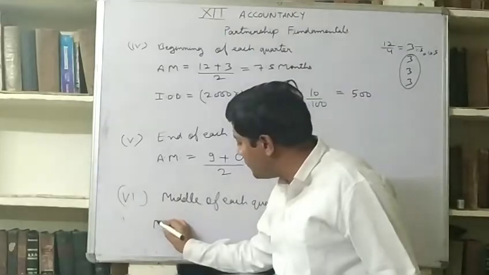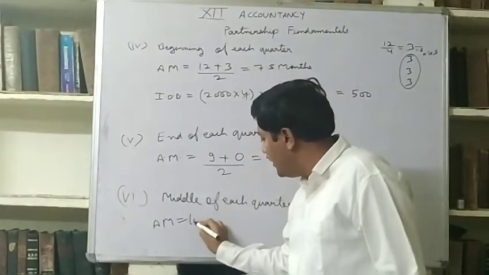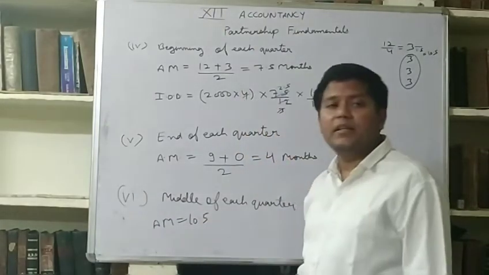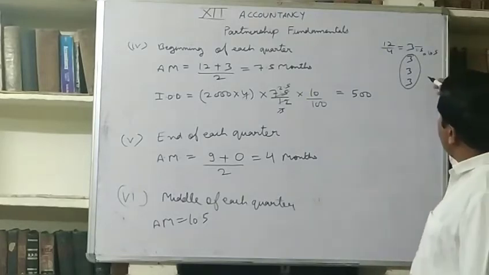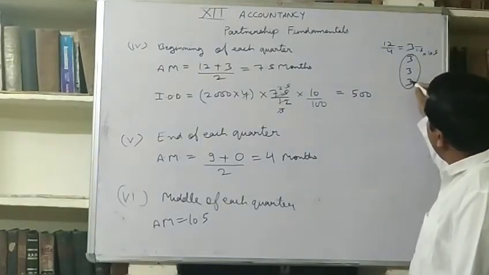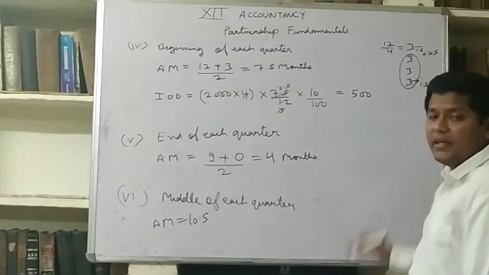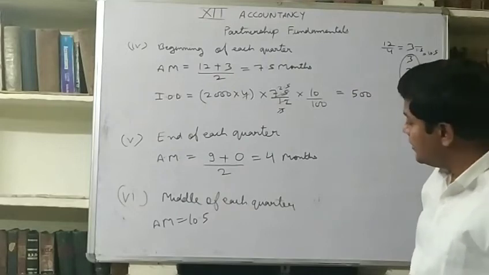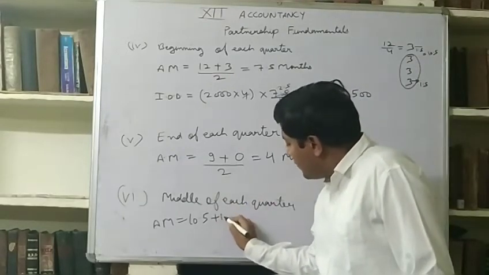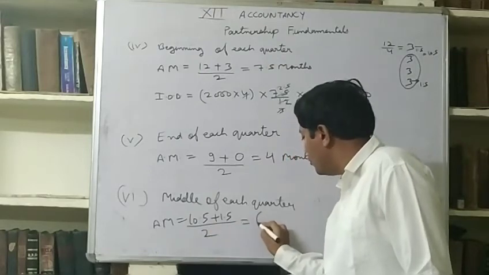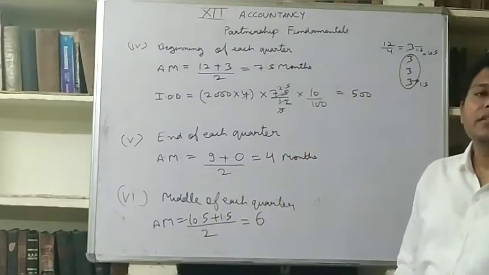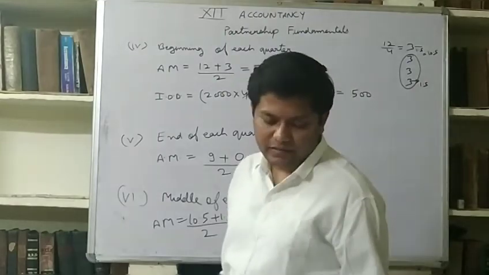Period remaining after first drawings will be 10.5 months. And the last drawing he will make in the middle of the last quarter. So how many months will be remaining? 1.5 months plus 1.5 upon 2. So average months will be 6 in this case.